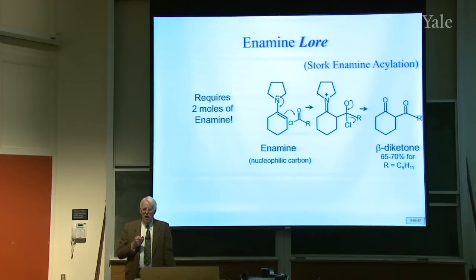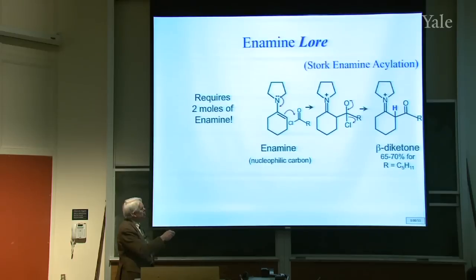Because the first product, remember, before you got rid of this helping group from the enamine, was that. And that's a supercarbonyl group, which means that that hydrogen is alpha both to this one and to this carbonyl group. So what property should that hydrogen have? It should be very acidic. The anion will be very strongly stabilized, right? So it'll be easy for it to dissociate to give H+, right?